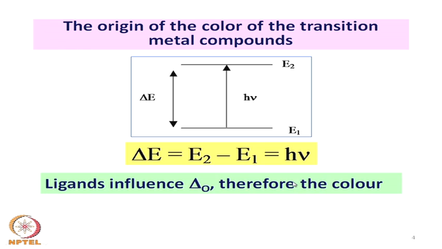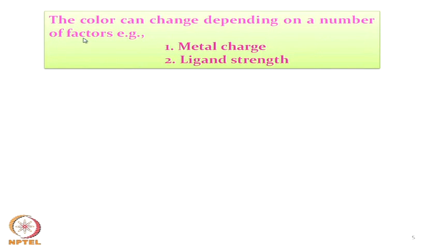We are not going to change the oxidation state immediately, but we can change the ligands from one to another. So, the color can also depend on a number of factors such as the metal charge and the ligand strength. Metal charge we have seen right now, that with vanadium from oxidation state 2 to 4, as we oxidize the center, we have different types of interactions with the surrounding ligand.